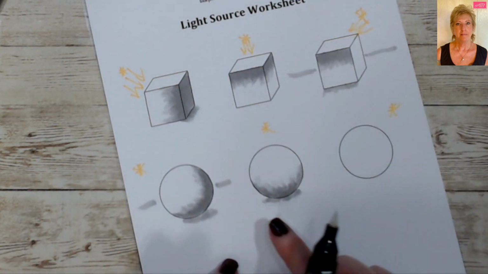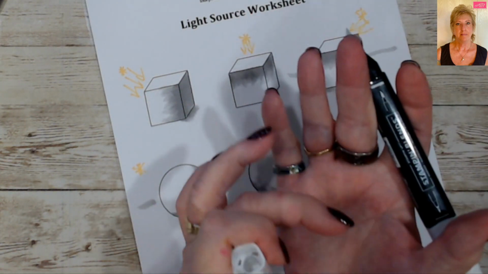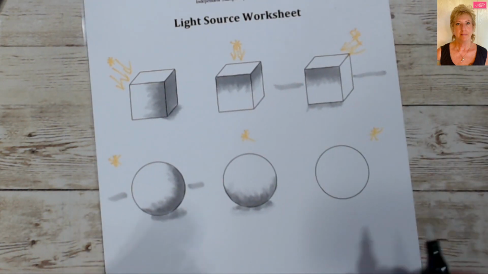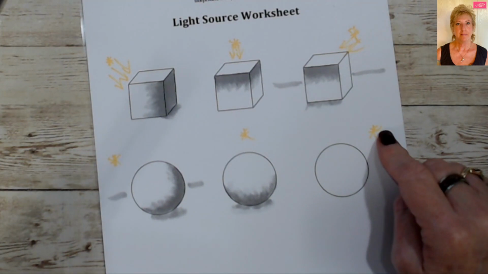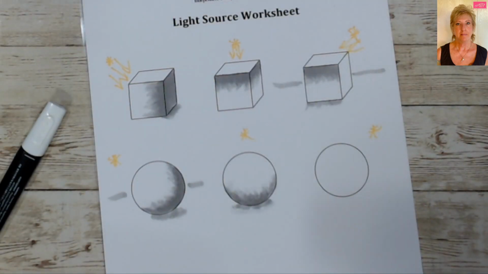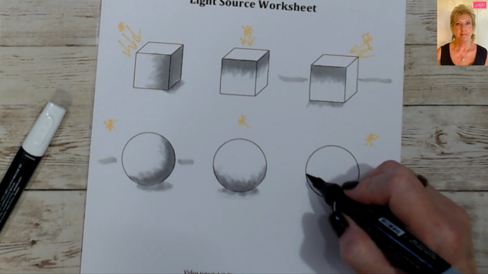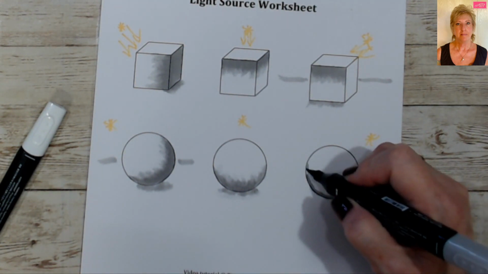So that means you're going to have a cast shadow underneath. So that means your shadow is going to be underneath that flower petal. So that's where you kind of learn this. You want to determine exactly where your light source is coming from and follow it. So if my light's coming from here, my darkest part is going to be right here. I'm going to carry it around.